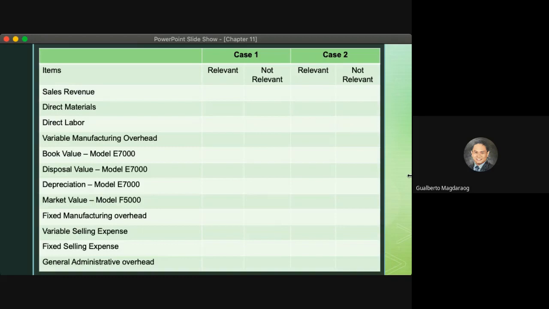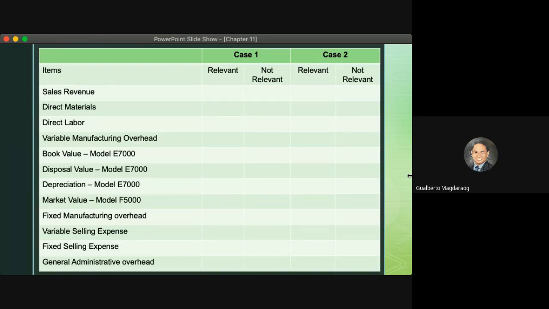Okay, let's go over sa pag-answer. Sales revenue. Is it future cost? Yes. We haven't had sales revenue yet. Will this cost make a difference between alternatives? Yes.